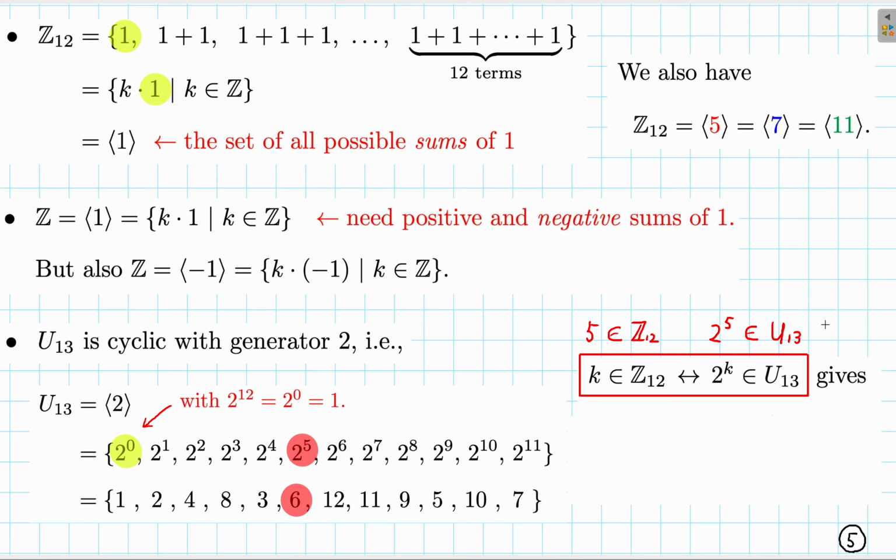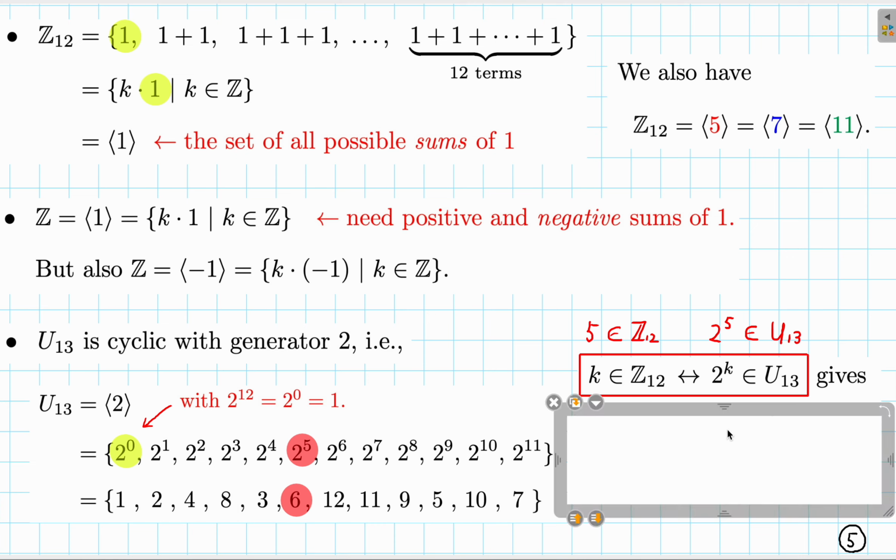Now, how can we use this correspondence? Well, let's try to find the other generators of U13 besides 2. In order to do that, we're going back to Z12 and recall that Z12 besides 1 has generators 5, 7, and 11.